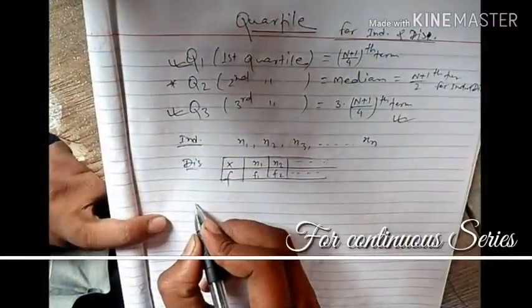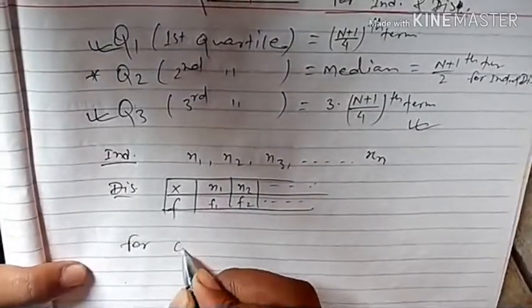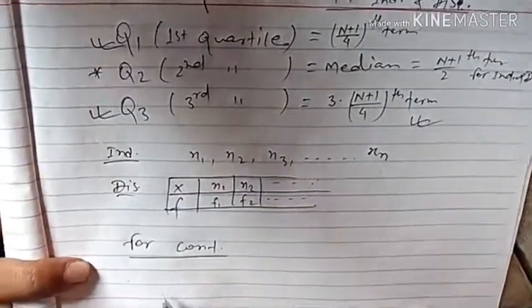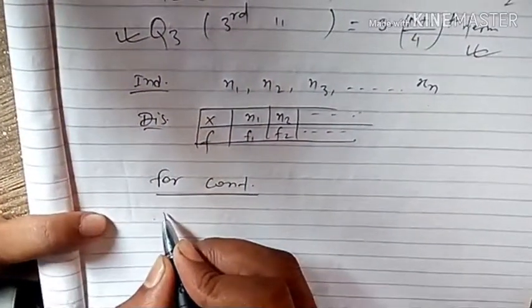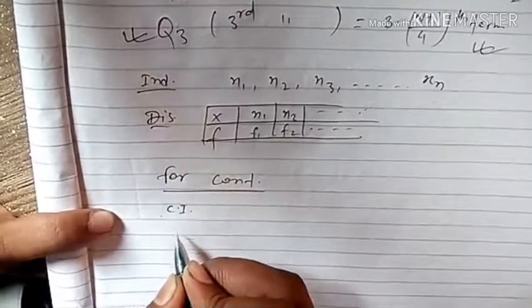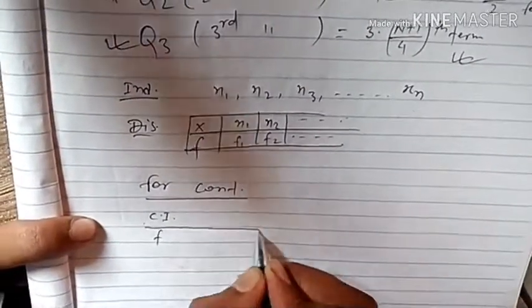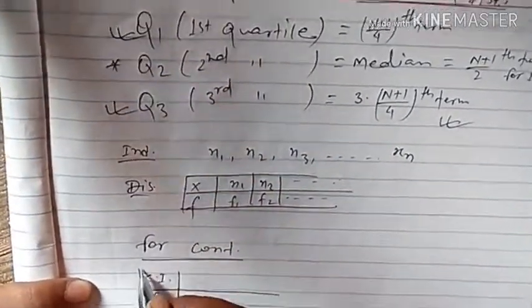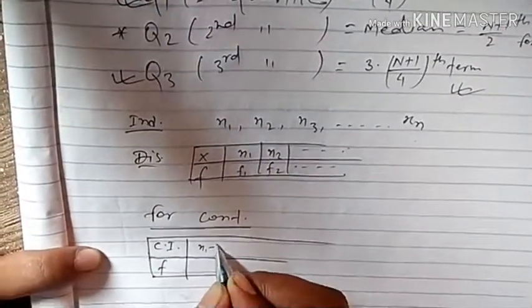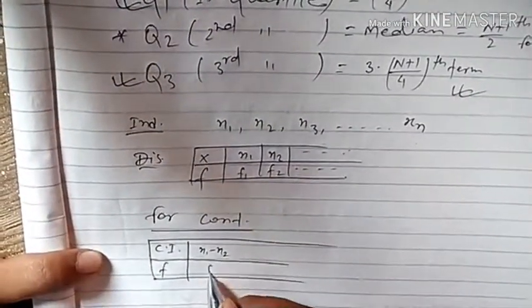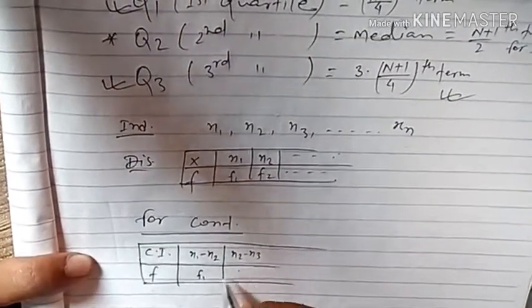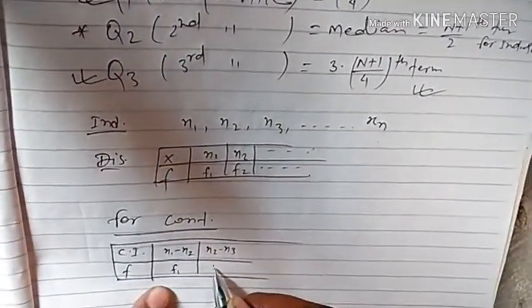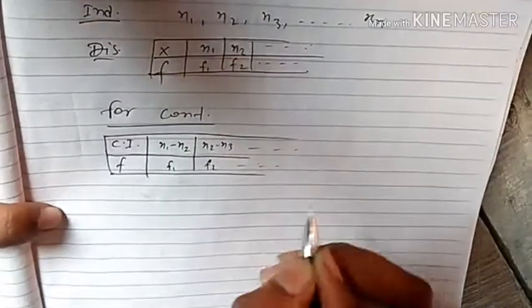For continuous series, the data is spread out in continuous form, in interval form. So there are class intervals and frequencies: x1 to x2 with f1, similarly x2 to x3 with f2, and so on.